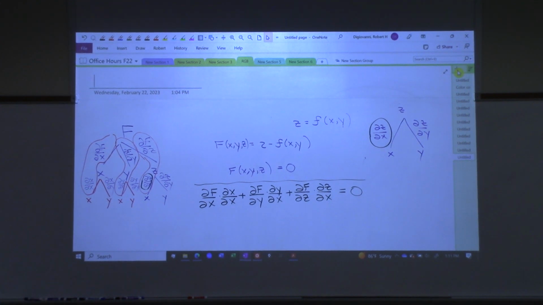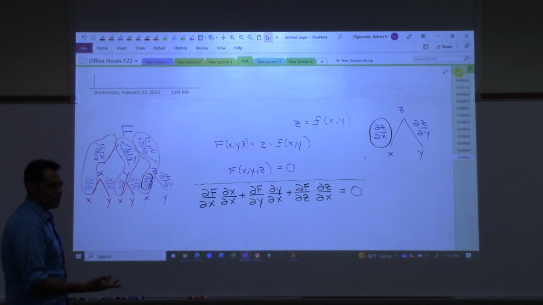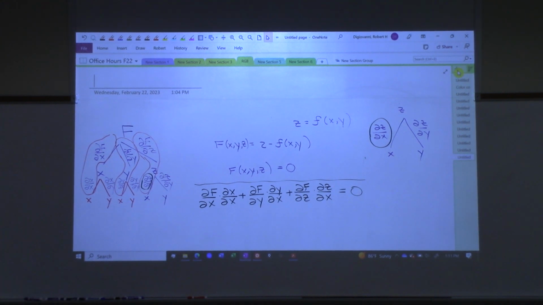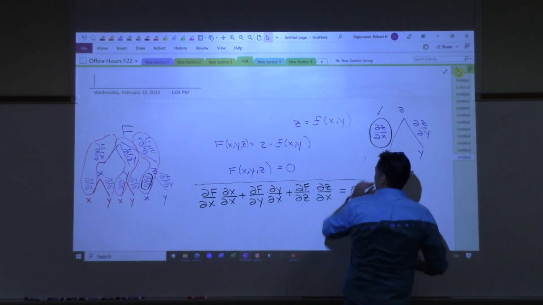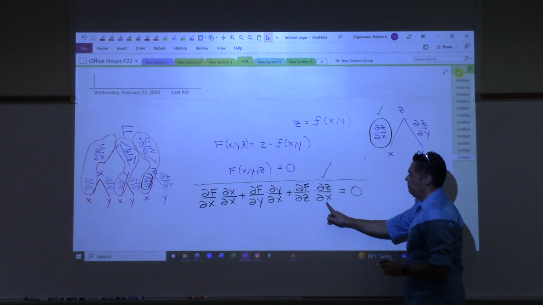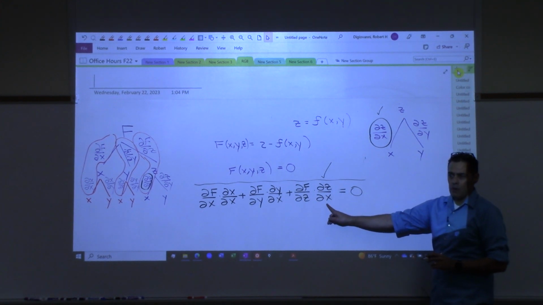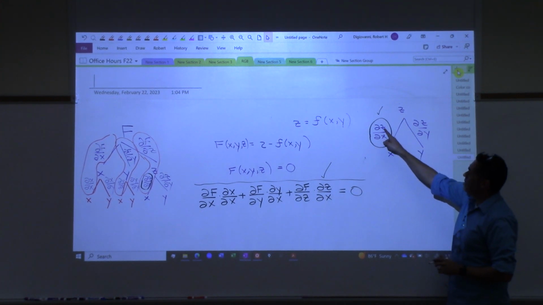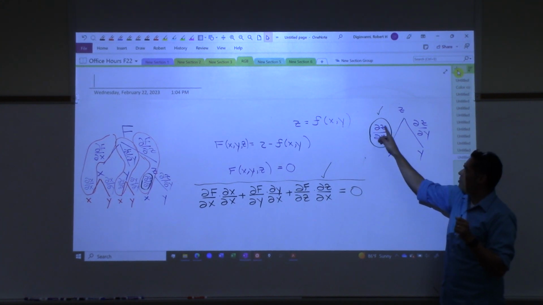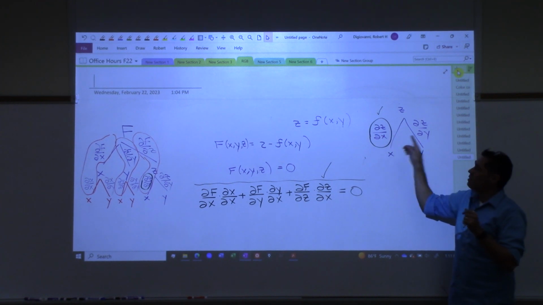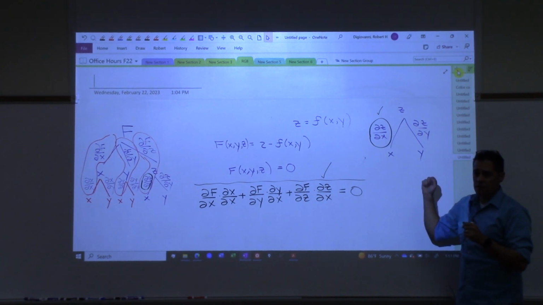At the end of this all, we're just going to get a formula that we're going to use, but I'm trying to show you where the formula is coming from. So I want to know what this is. I want to know what that is, and I see it right here in the equation, all right? If I want to know what the partial of z is with respect to x, what variable am I holding constant? If I want to do the partial of z with respect to x, the y variable has to be held constant, right?